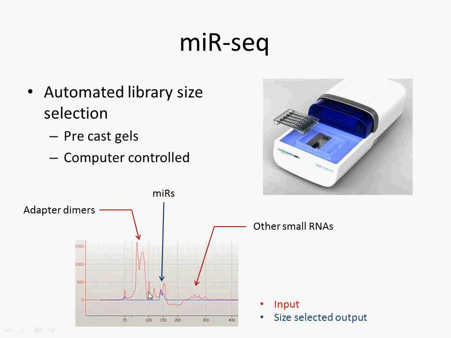We can separate the red input from dimers and other small RNAs, the mirs that we want, which we know are right here at this specific size. It's often difficult to separate other small RNA forms, probably piRNAs, completely from the red input. But as you see in the blue input, it's pretty much clean of any other forms of RNAs that may have reacted in this mir sequencing process.